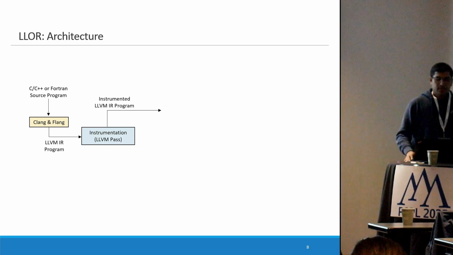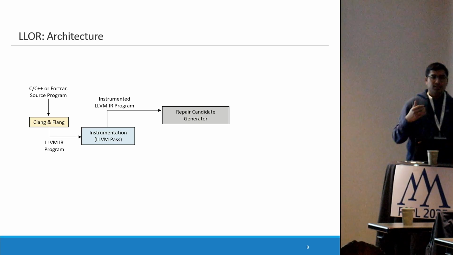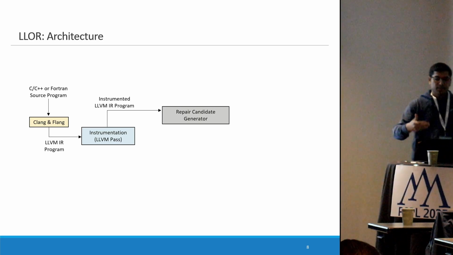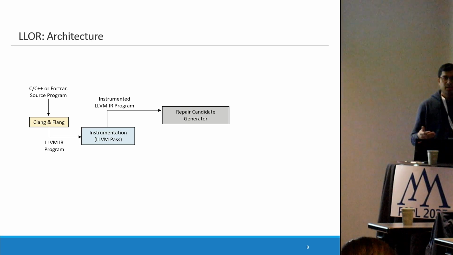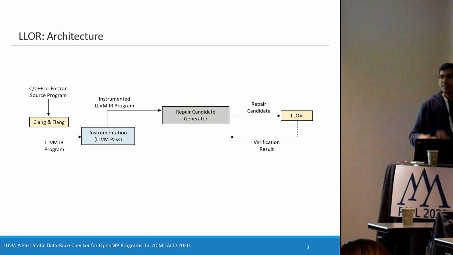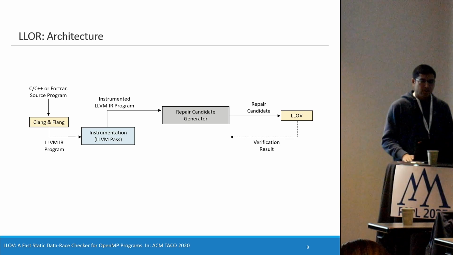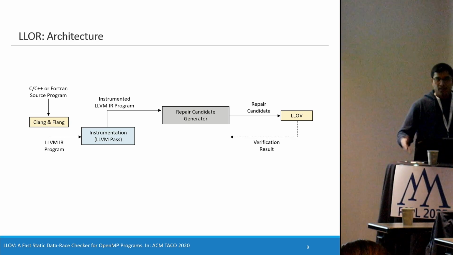Once we instrument the IR, the repair candidate generator takes over. It reads the instrumented IR, and it queries the verifier. Here, the verifier is a data race detector, which acts as an oracle for our exercise. In this case, we use LLOV, which is a state-of-the-art data race detector for OpenMP programs.